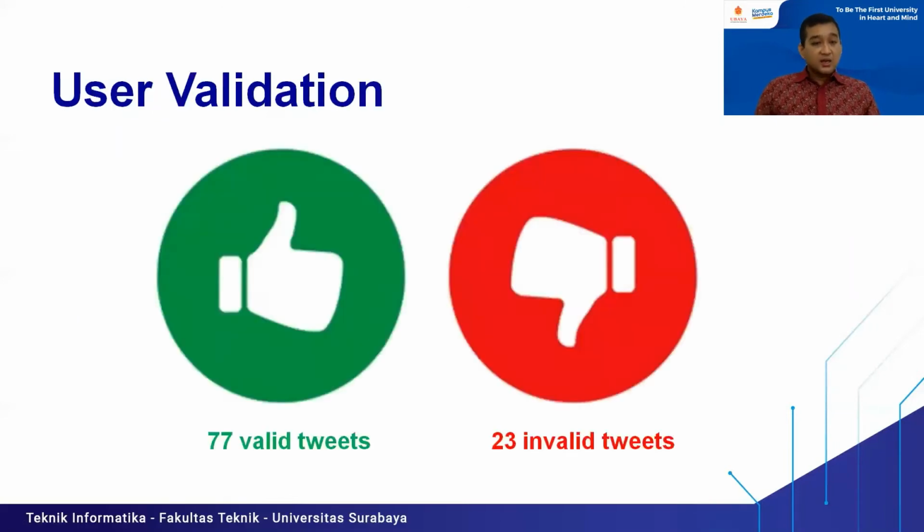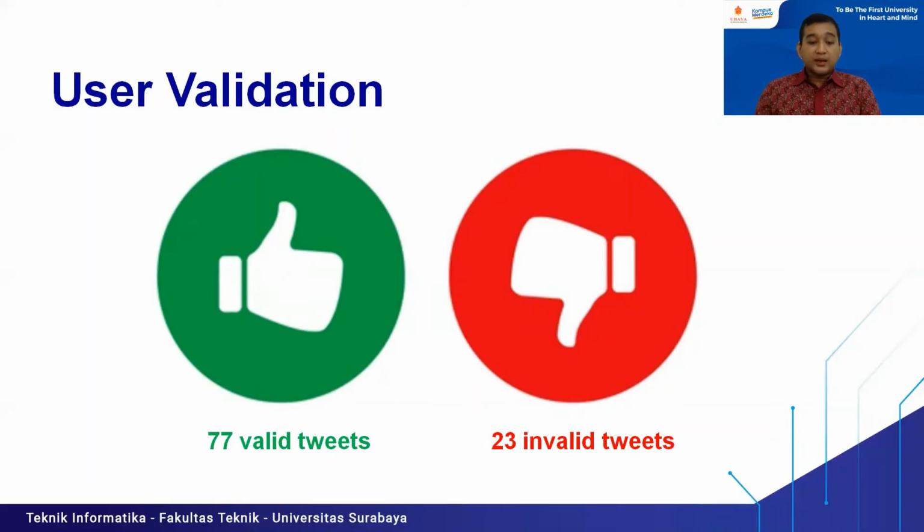Okay, next is user validation. This validation is done by inputting 100 new tweets that are not in the dataset and will be predicted by the system. The system prediction result will be directly validated by an ITE law expert.